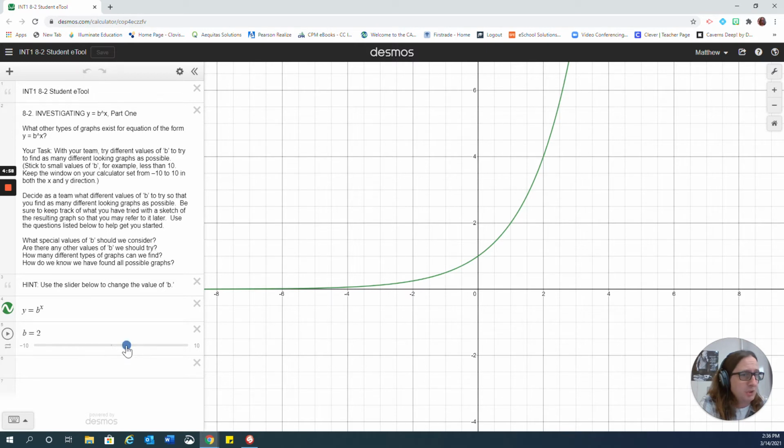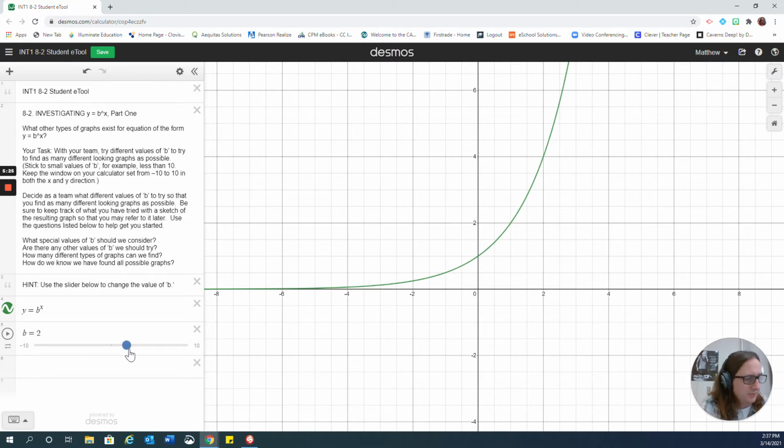And if I moved it up to the b value was 3, okay, that's the second graph. And then we also did the b value of 5. So there's the third graph. And we can see here that each time that I move that slider, the curve got steeper. So let's go back to 2. So we can see there that it got less steep as we went down to 2.